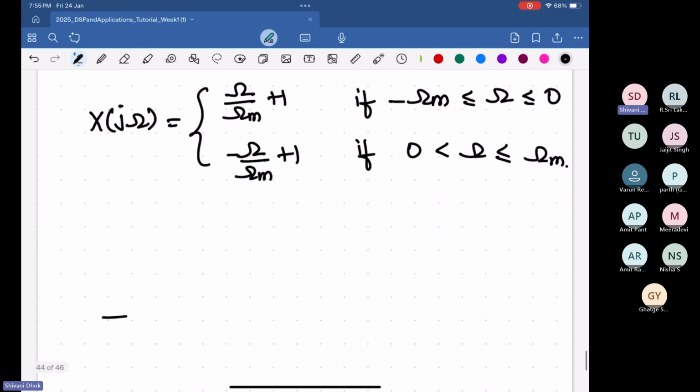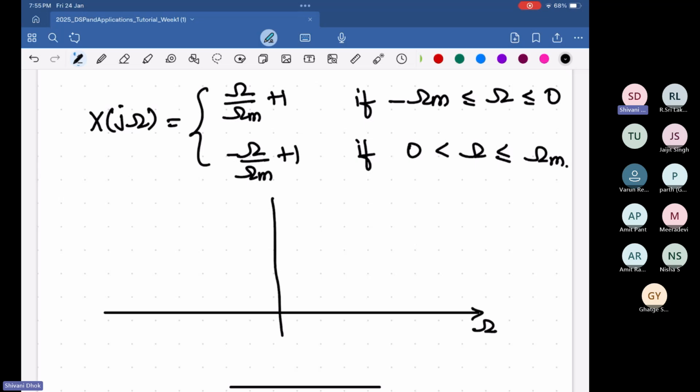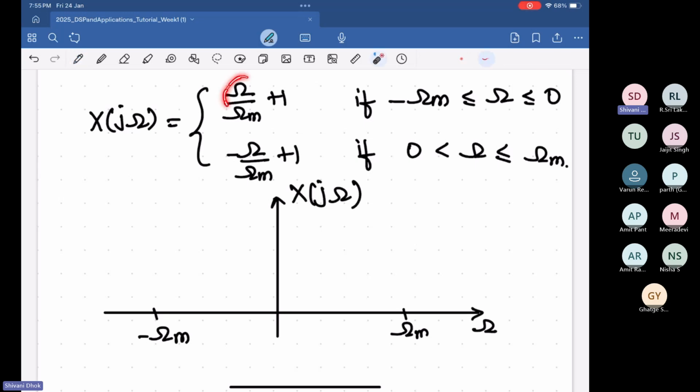Let us try to plot it. We have this omega axis, then the vertical axis as X of j omega. Let's say we have minus omega m here, and omega m here. If I substitute omega equal to minus omega m here, what we get is 0. If we substitute omega equal to 0, it comes out to be equal to 1. It's a linear function having a positive slope.